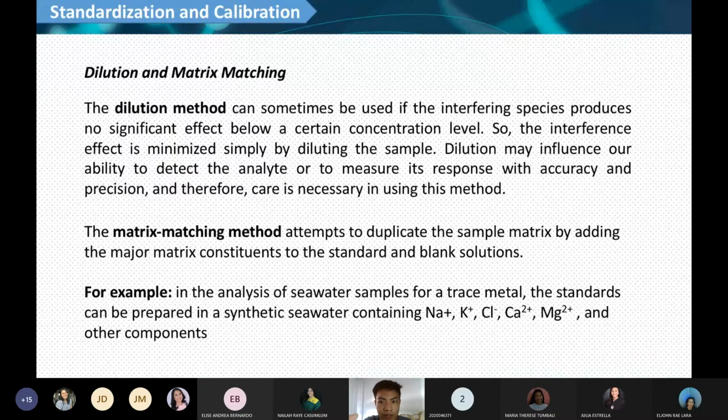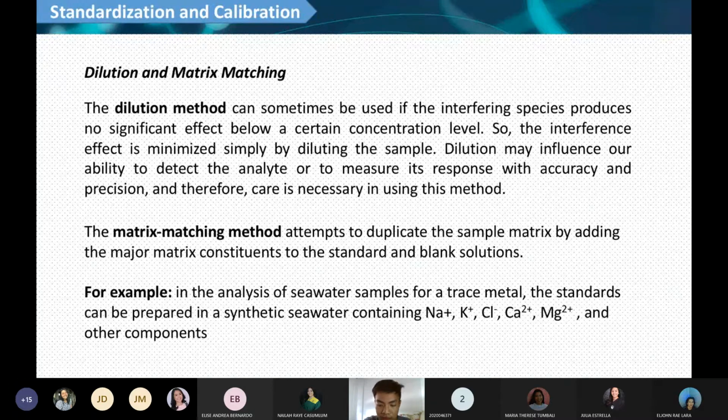Kapag ang interferents mo, yung mga nag-i-interfere na substance, masyadong nanggugulo sila sa reading, okay? So, ibig sabihin, mataas yung concentration nila. Ang pwede mo gawin is i-dilute mo. So, when you add water to your sample, the concentration will decrease, no? Hence, the panggugulo sa reading, yung interference, mababawasan, okay? So, that's dilution method.